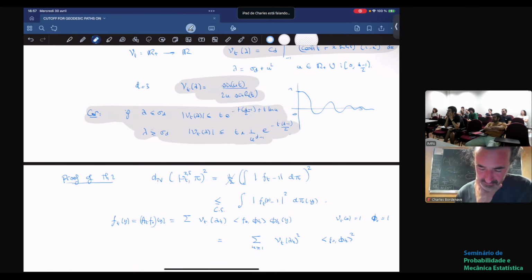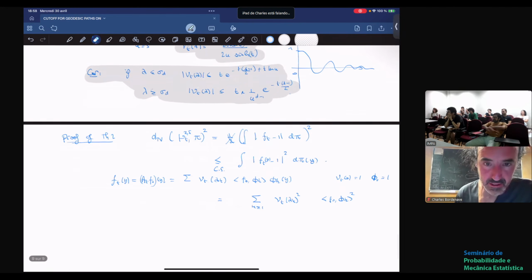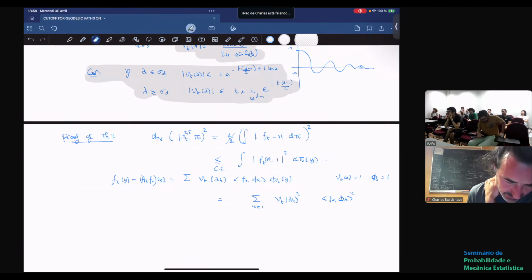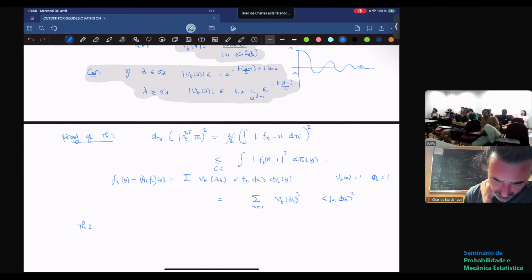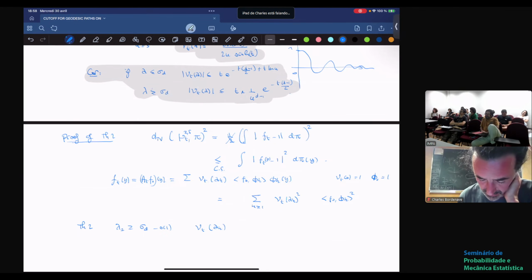Okay. And now you can deduce, if you are in the setting of theorem 2, in this sum, so in theorem 2, you are saying that lambda 1 is, let's say, larger than sigma d minus little o of 1. So our corollary tells us that nu t of lambda k are all bounded by exponential of t times (d minus 1)/2 plus, let's say, little o of t.